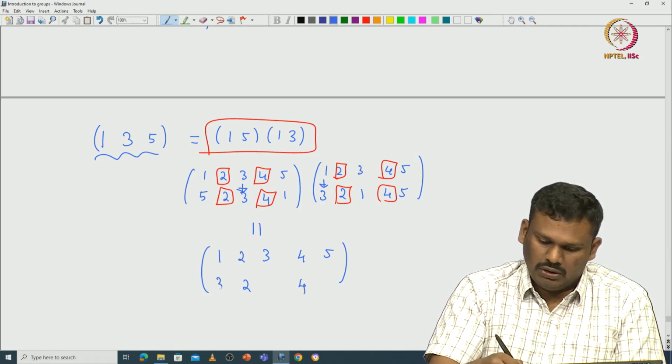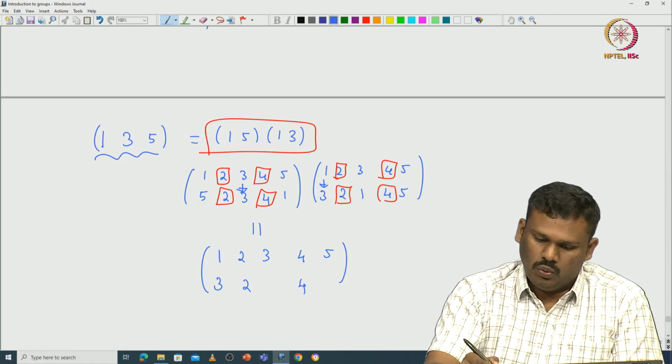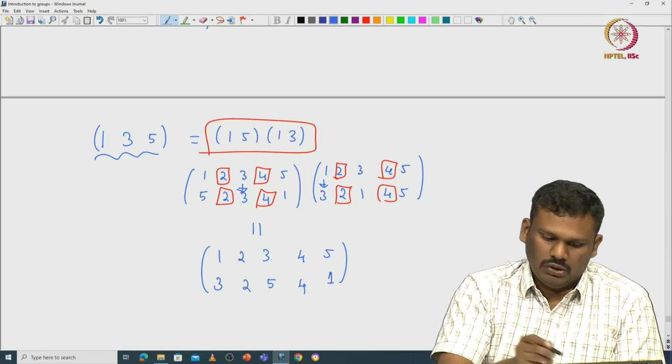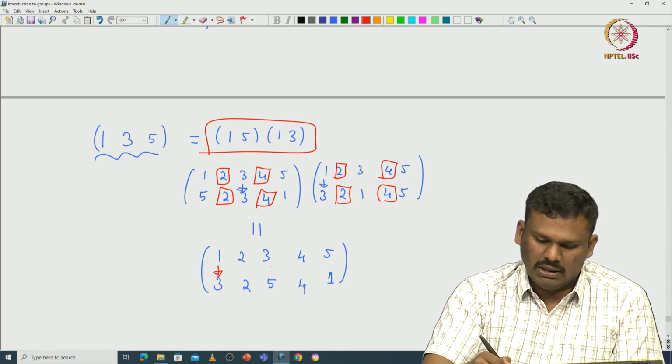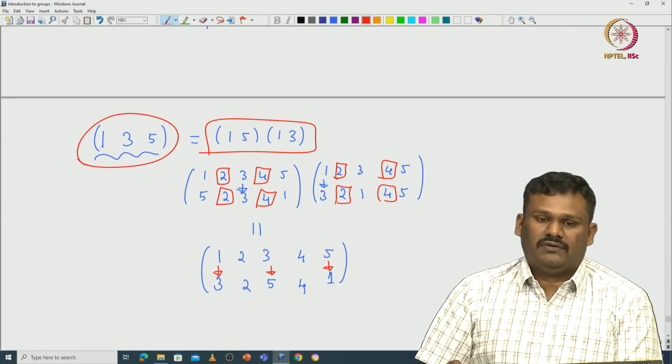Now what about 3? 3 goes to 1 and 1 goes to 5. So 3 goes to 5 and then 5 must go to 1, there is no other option, which is the same as 1 goes to 3. So let me write it here: 1 goes to 3, 3 goes to 5 and then 5 goes to 1, which is this cycle 135.